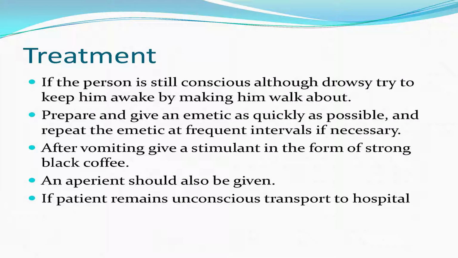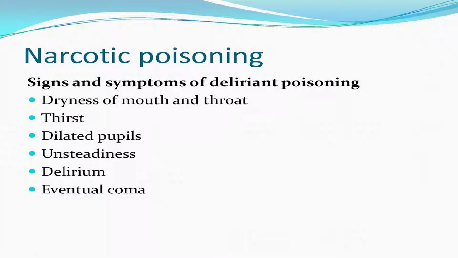Prepare and give an emetic as quickly as possible and repeat the emetic at intervals if necessary. After vomiting, give a stimulant in the form of strong black coffee. An aperient should also be given. If the patient remains unconscious, transport to hospital. Still on narcotic poisoning, we have signs and symptoms of deliriants.